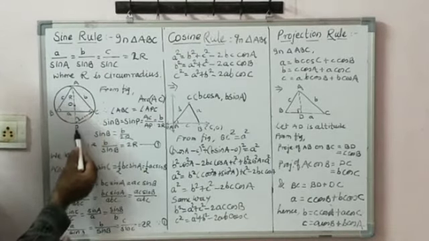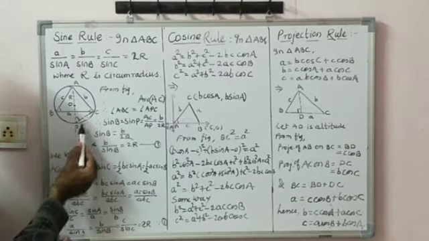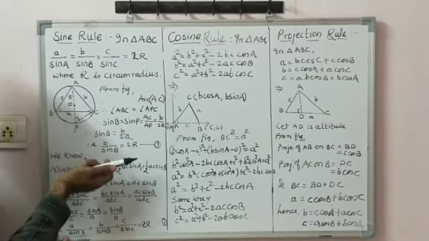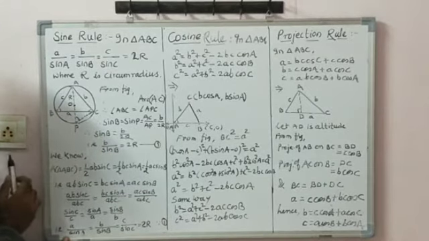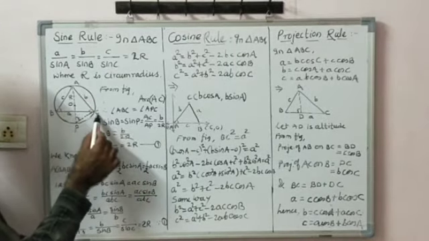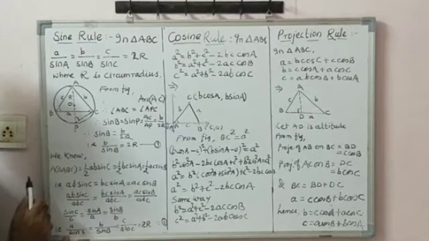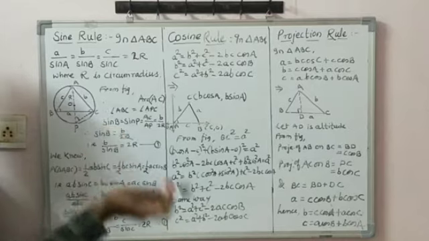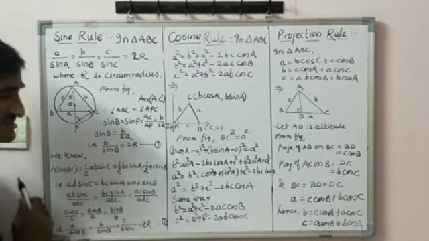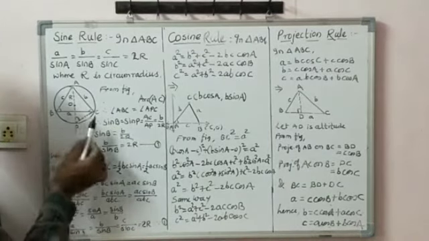Therefore, the angle subtended by a semicircle is a right angle. Therefore, angle C is a right angle. Here ACP is a right-angled triangle because the angle is subtended on a semicircle. AP is the diameter.